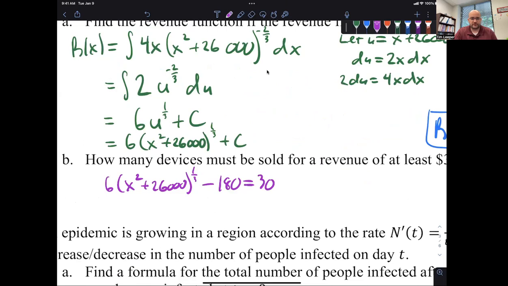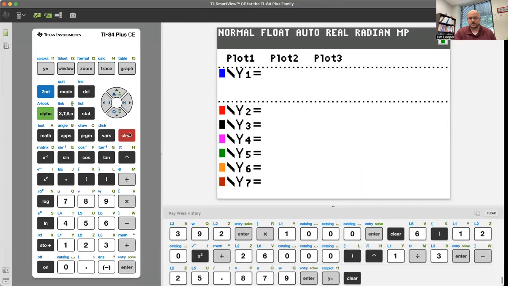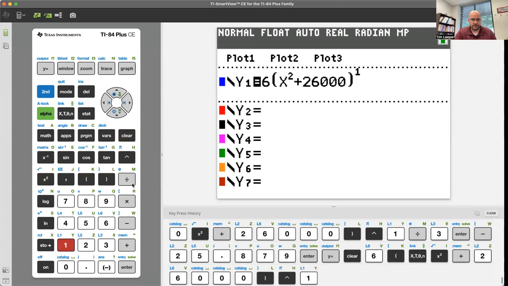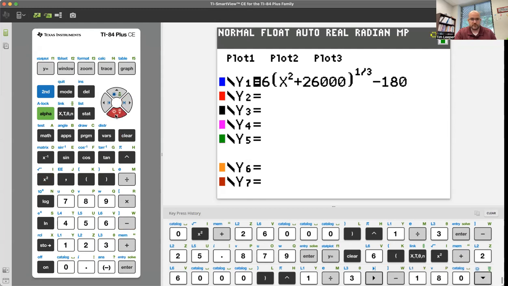Now I'm going to show you how to do this in the calculator. Go to y equals, clear anything in there. In y1, type in the left-hand side, which is 6 times (x squared plus 26,000), close parentheses, raised to the 1/3 power, then outside the exponent, subtract off 180. In y2, type in the right-hand side, which is 30.